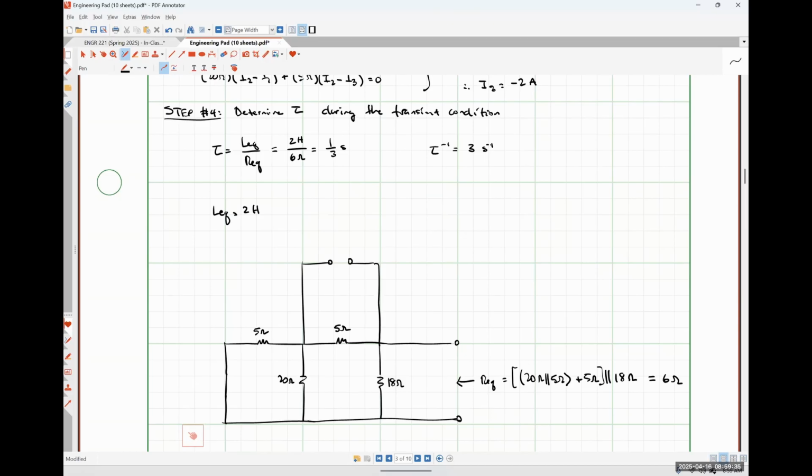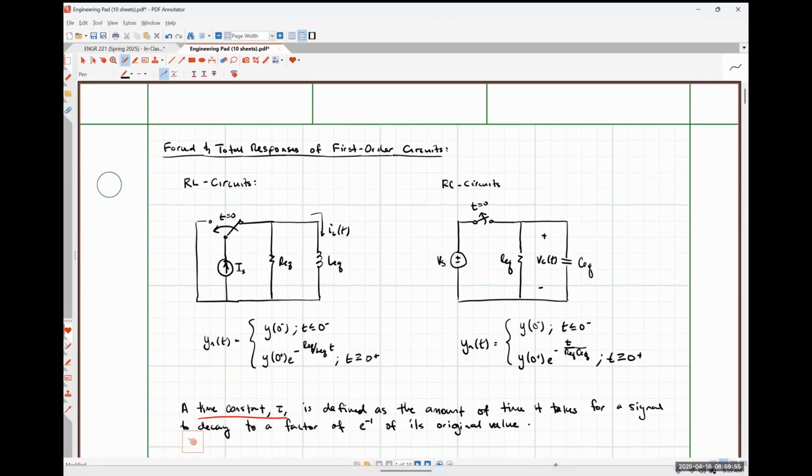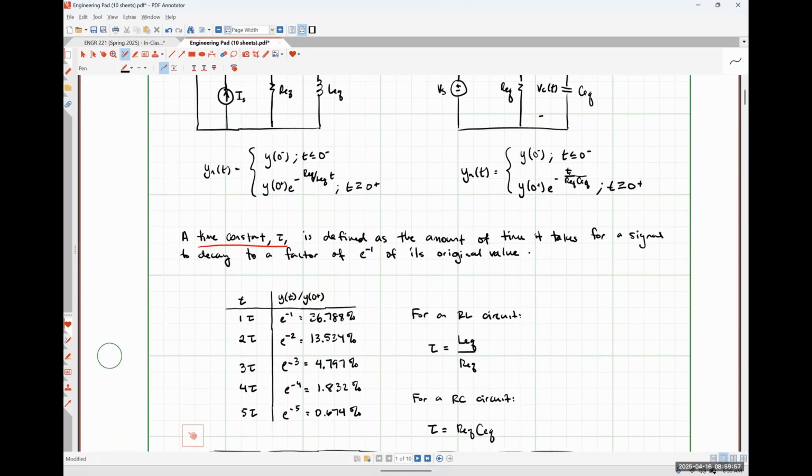Because it's an RL circuit. So for all RL circuits, tau is equal to LEQ over REQ. If we evaluate things, let me scroll way back up to the beginning, right? We defined a time constant as the amount of time it takes for a signal to decay to a factor of e to the -1 of its original value.